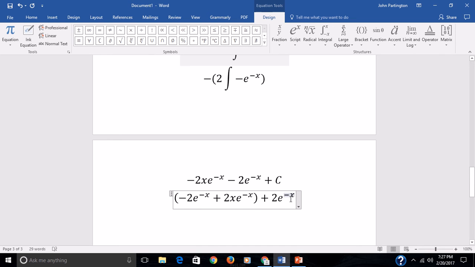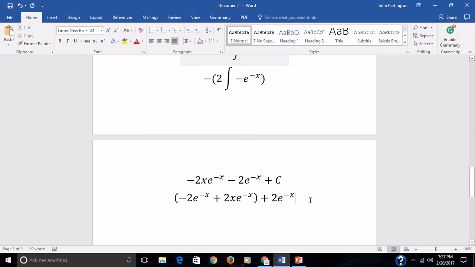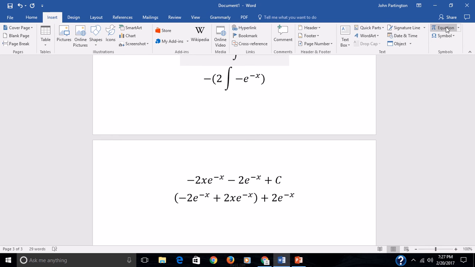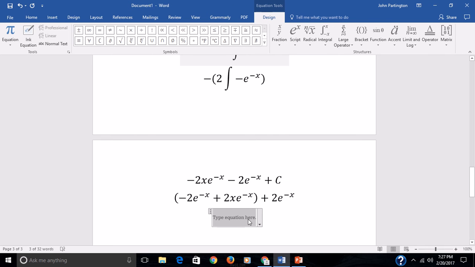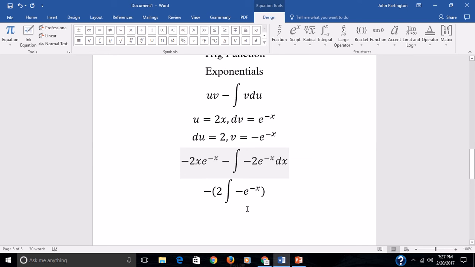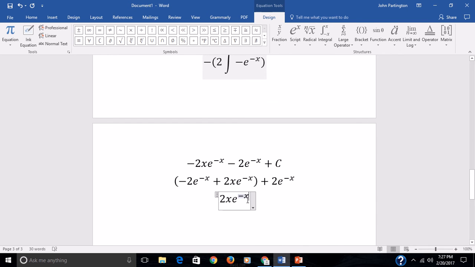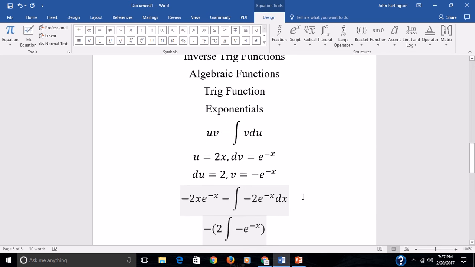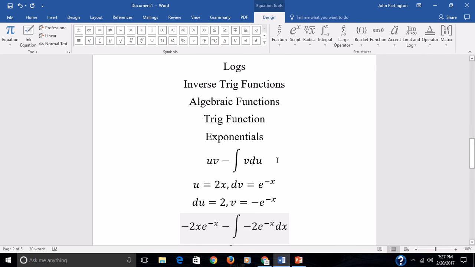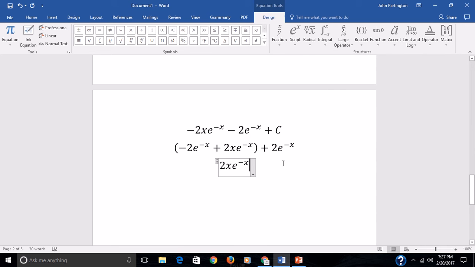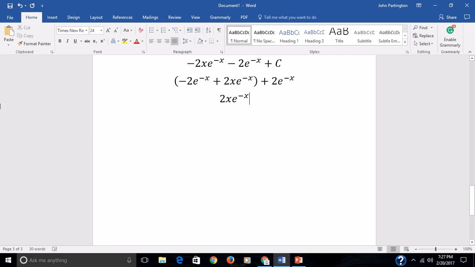Now these two will add, and the c will be 0. Since these two add together, we are going to be left with 2x e to the negative x, and there is going to be our integral. It's going to be our integral by parts. This is a tricky concept, but you should get it pretty soon.